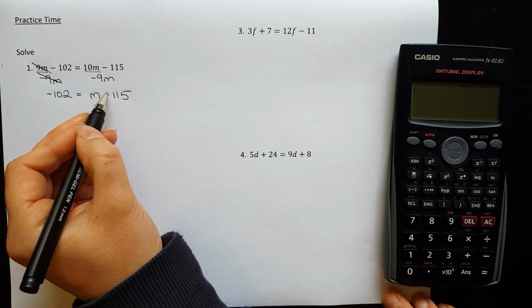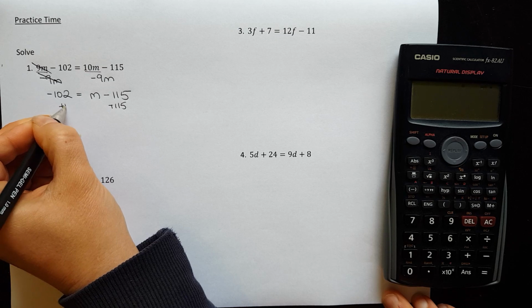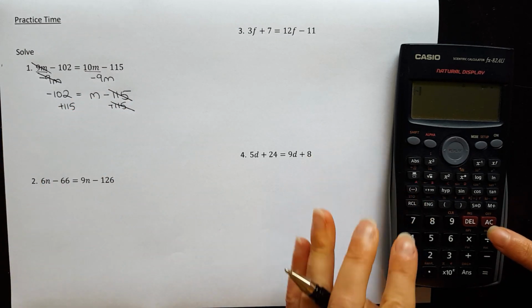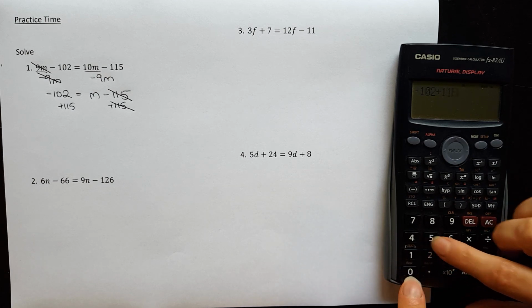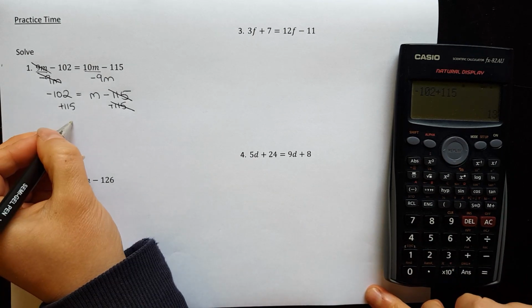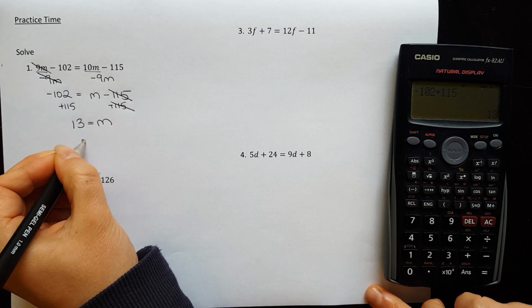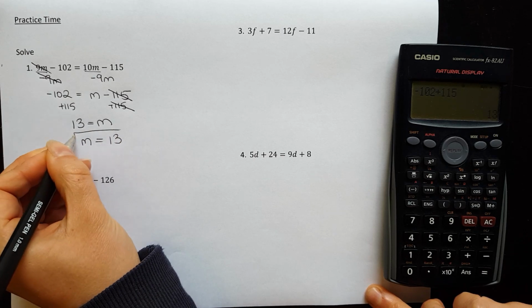Now to get m by itself, I will need to add 115 to both sides. Gets rid of that. So we have minus 102 plus 115 is equal to 13. Switch those around the other direction, m is equal to 13.